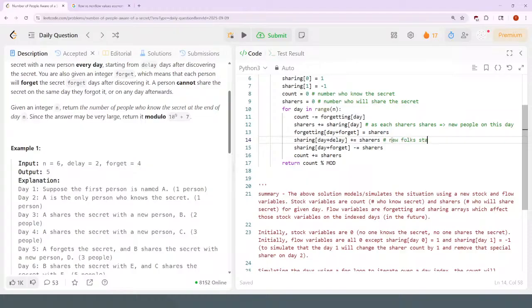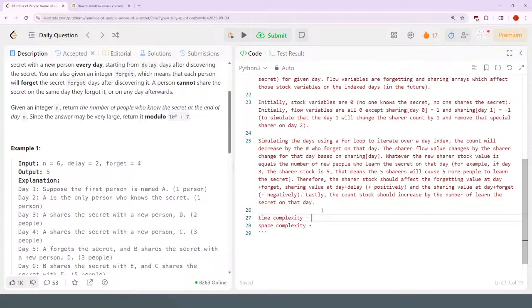New folks start sharing after delay days. New folks will stop sharing after forget days. Count increases by the number of folks.